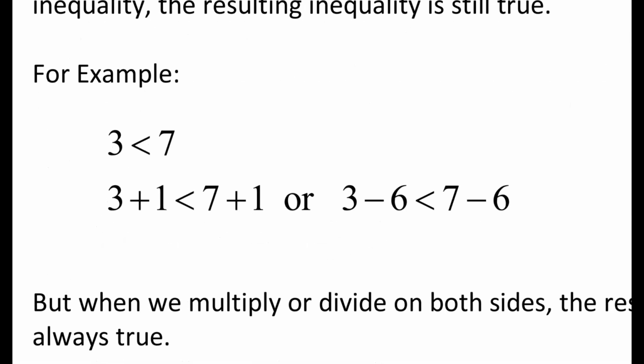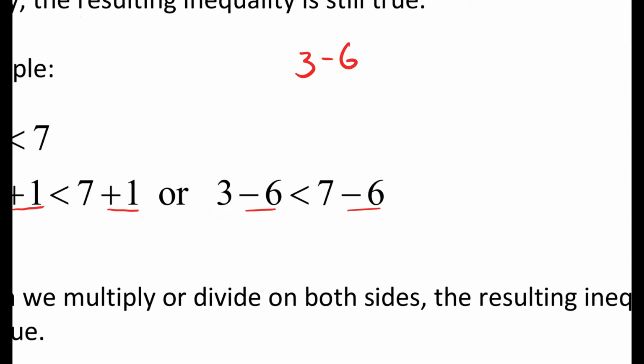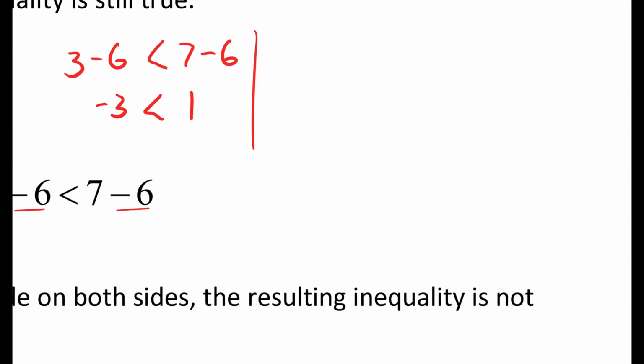Now, what that means is, if we had, for example, 3 is less than 7, and we added the same number to both sides, so we added +1 to both sides, or we subtracted 6 from both sides, what we're talking about is 3 subtract 6 is less than 7 subtract 6, meaning you have -3 is less than 1, or you could think of the other one where we have 3 plus 1 is less than 7 plus 1, so 3 plus 1 is 4, is less than 7 plus 1, which is 8.